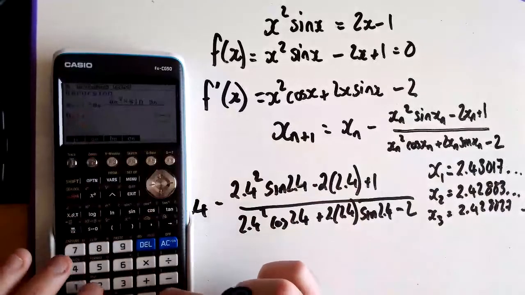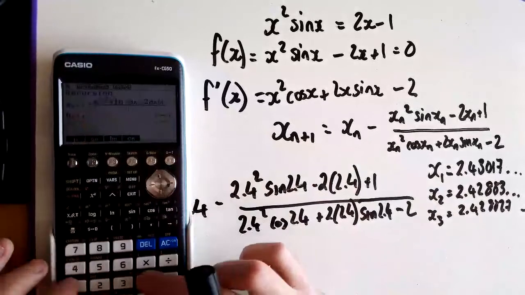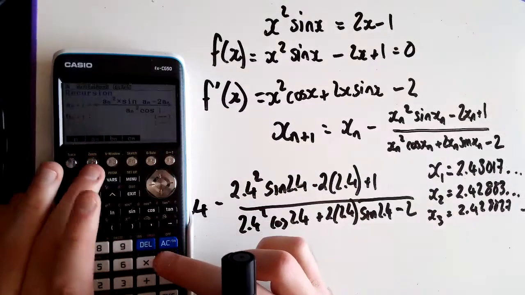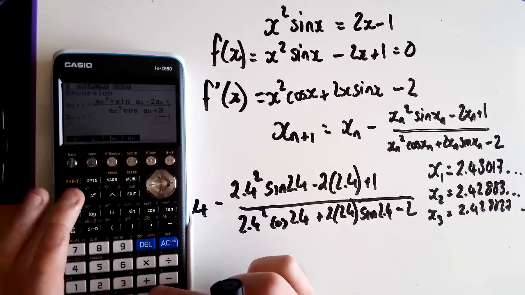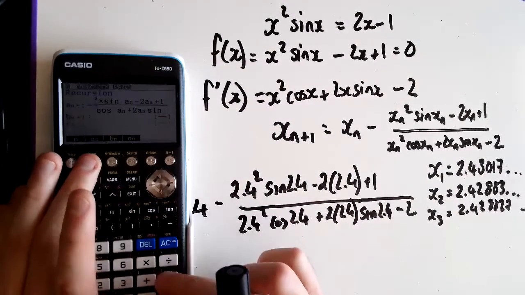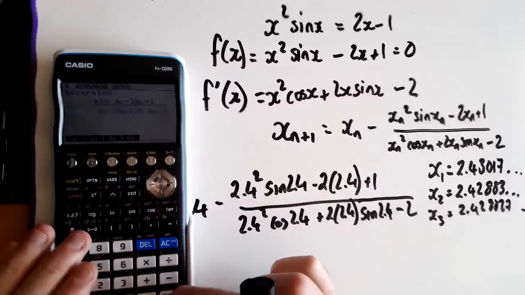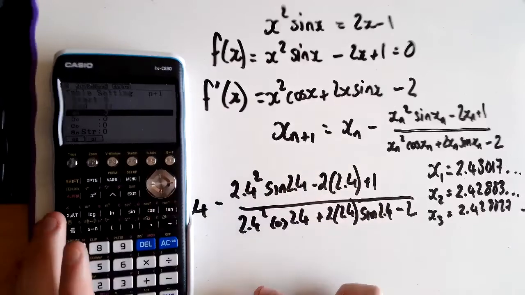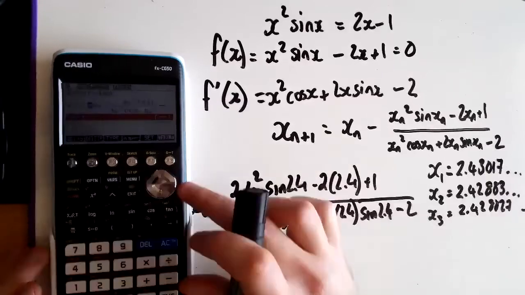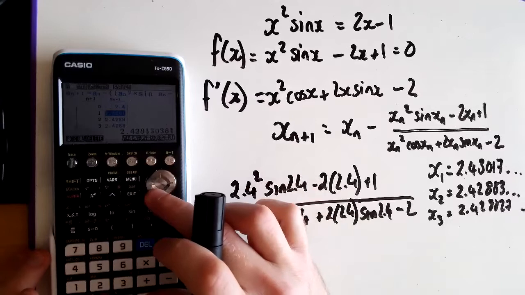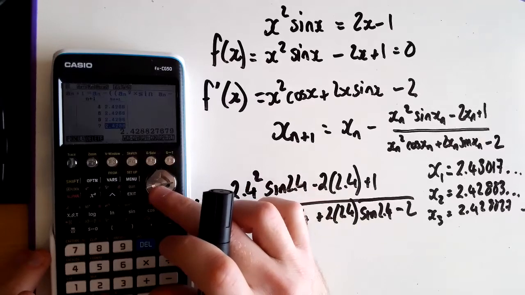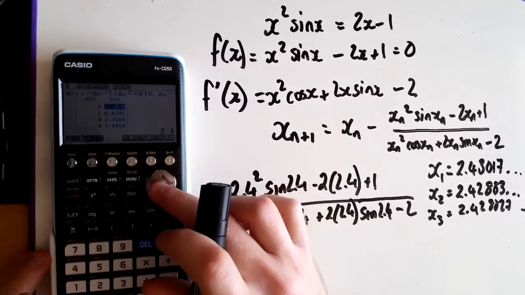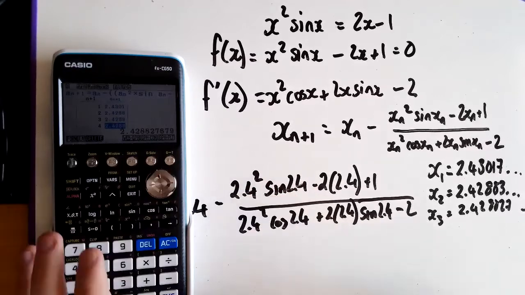Let's try it out with brackets. Take away 2n plus 1, and it's n squared cos n plus 2n sine n minus 2, and we'll do from 0 to 10 again. The starting number was 2.4. So there we go. There's all different approximations, look, and they get pretty accurate very fast. So Newton-Raphson's a really quick one.